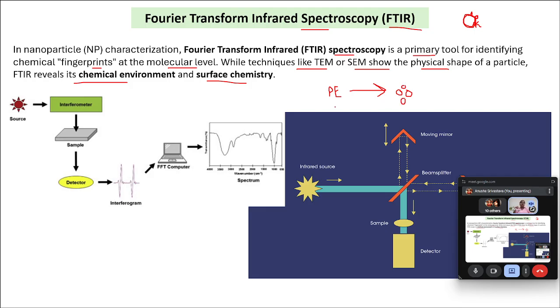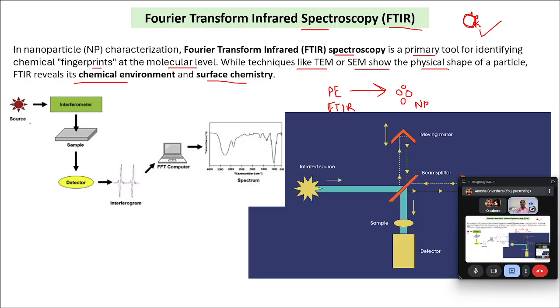In this case also, we can record the FTIR spectra of the raw, native plant extract, and after the nanoparticles are formed. Same for XRD as well. The other example is the nanoparticle which we are decorating with some peptides, some targeting peptides could be there. So, like that.